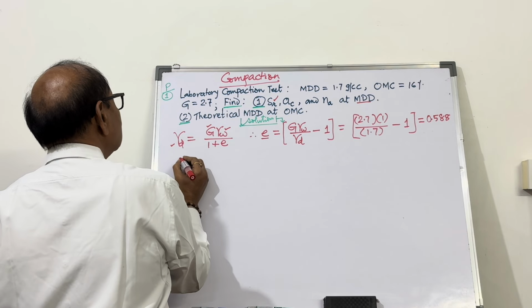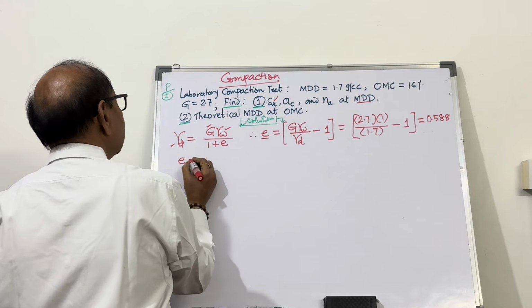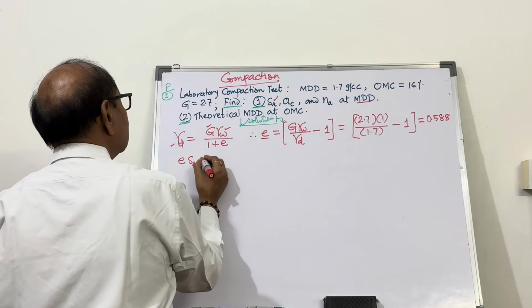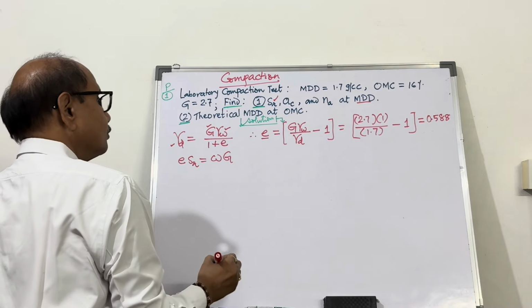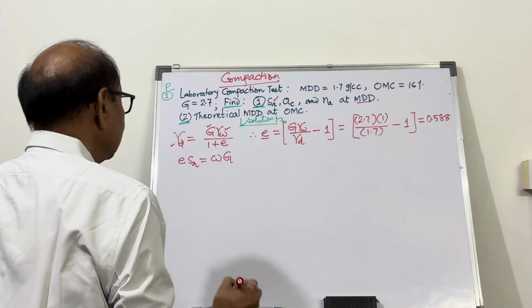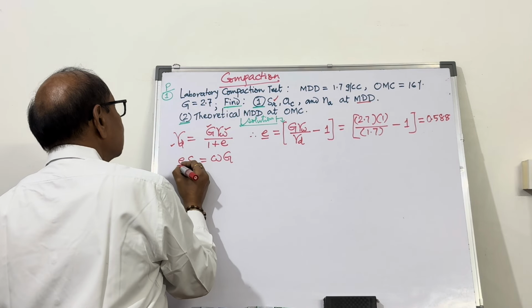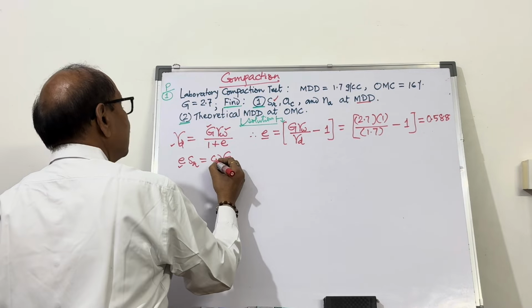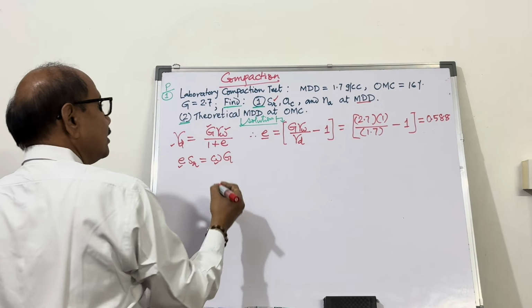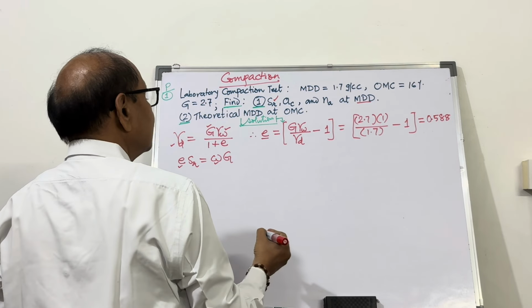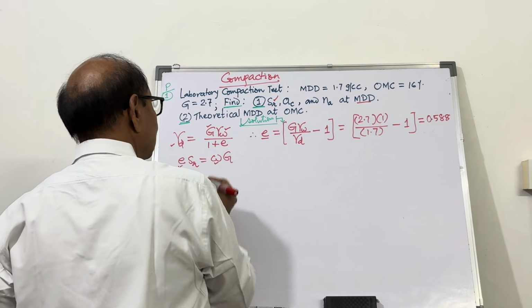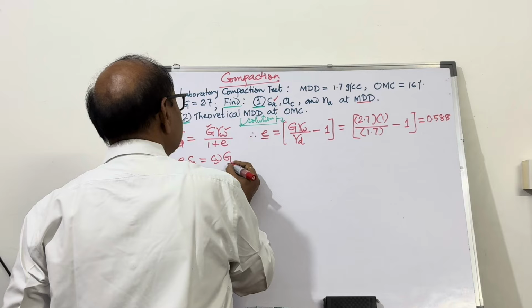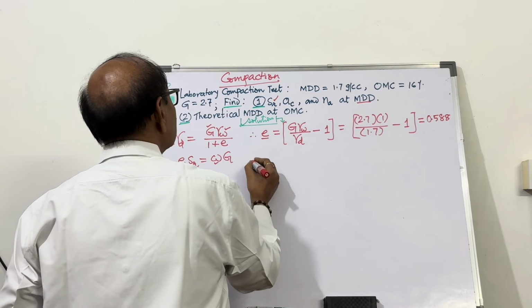We know that from the relationship, e into Sr must be equal to w into G. So friends, here e is known to us. w, at optimum moisture content, the value of w is also known to us, and G value is known to us.